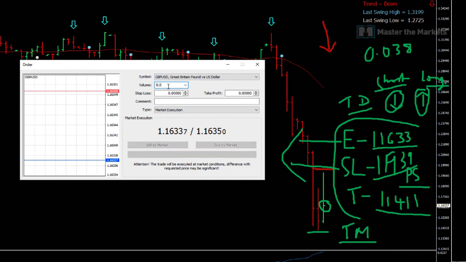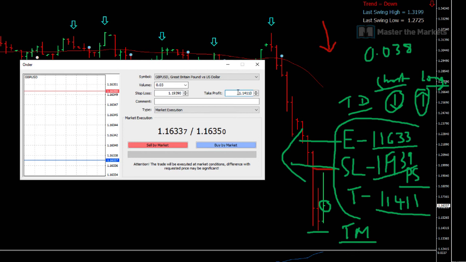I will just round it to 0.03. It's a pending order at the moment, or I can do market execution as well because it's live. I'm entering on the close. Stop loss is 1.1939 and take profit is 1.1411.